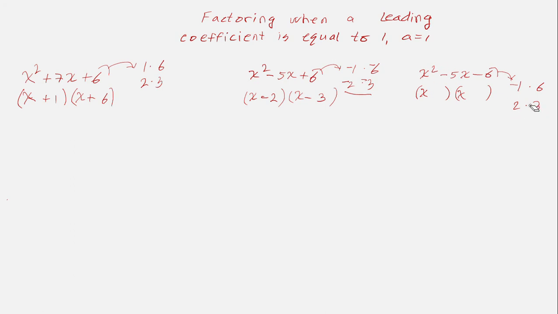So this combination is definitely not it. But here, if we make 1 positive but 6 negative, now 1 minus 6 really is negative 5. And then 1 times negative 6 is really negative 6. So our combination is positive 1 and negative 6.